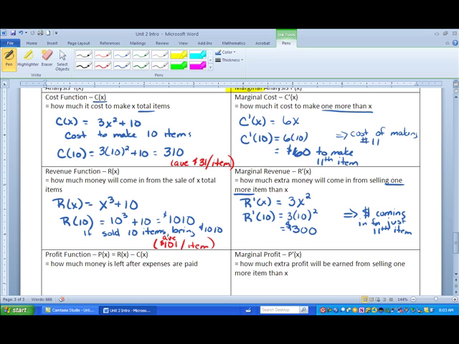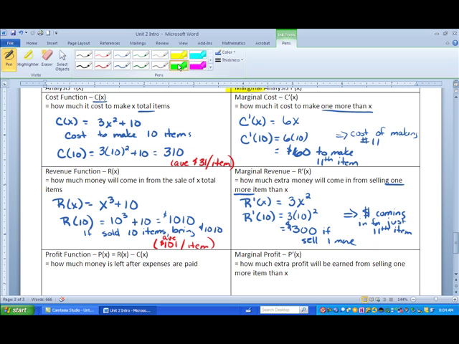Well, the demand is so high that people are willing to pay $300 instead of the $100 that the other people paid on average. So this is the $300 if you sell one more.